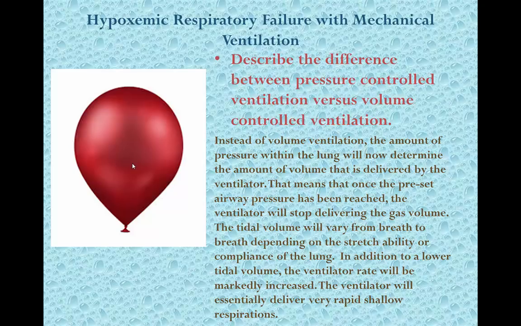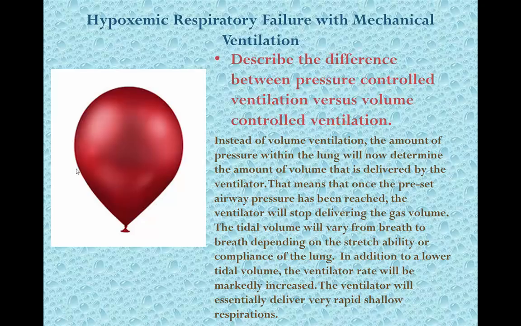So what do we have to do to get the tidal volume? Well, we're going to have to deliver a lot of rapid breaths. So in other words, if you do it mathematically and you say, okay, where we were initiating 10 breaths at 650 mils, do the math, 10 times 650, that's how much air was going in and out of the lungs in a minute, and CO2 and pH was controlled super-duper well.